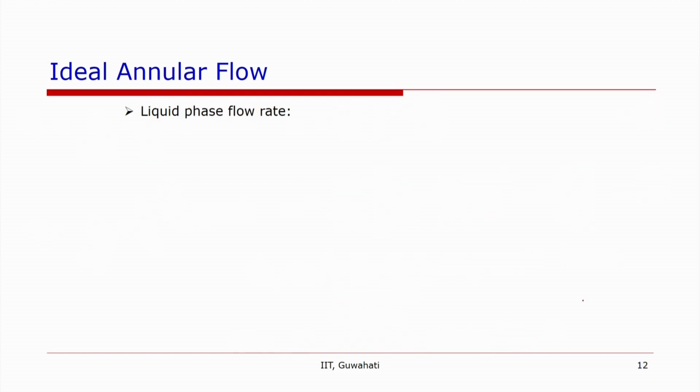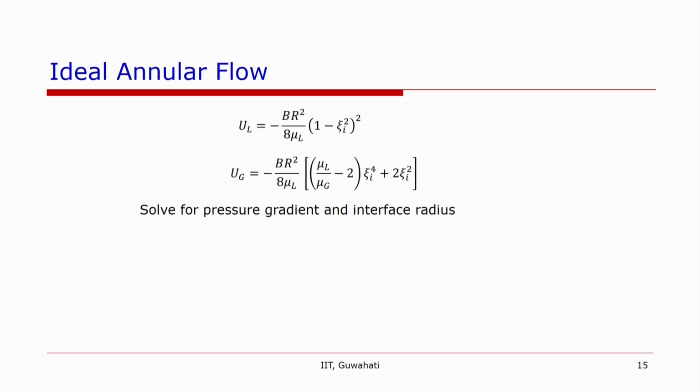So we can look at this in the ideal annular flow, these are the UL and UG, the two phase flow rates and the superficial velocities which we have just solved for.